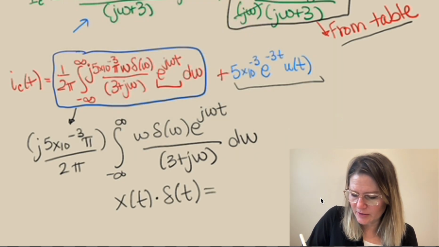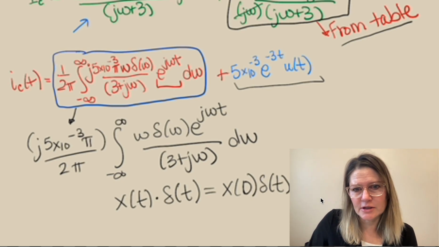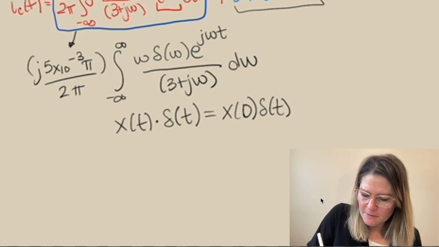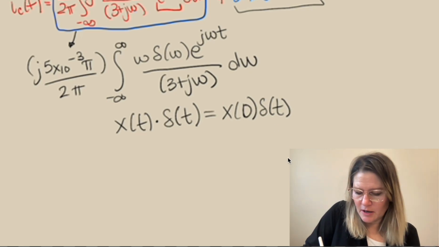So that means that it is just going to be x evaluated at t equals 0, times delta t. So when we use that property, we can plug in 0 for omega.